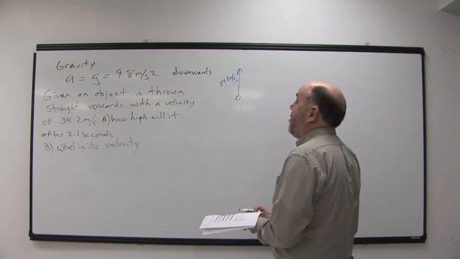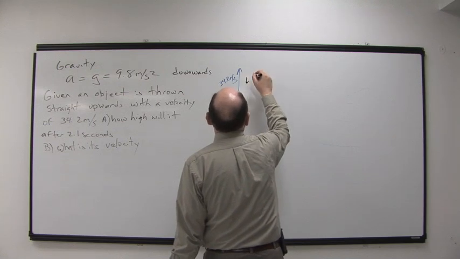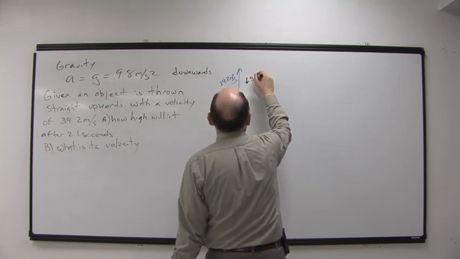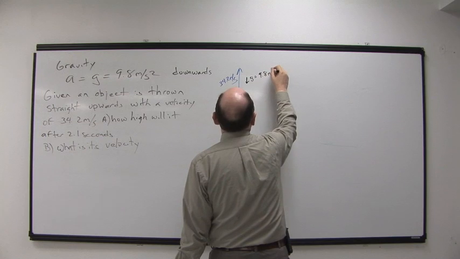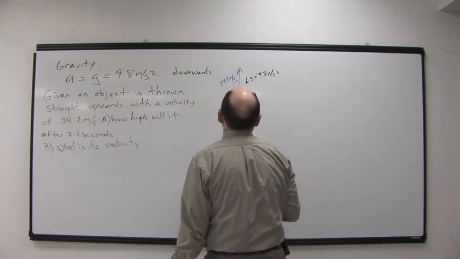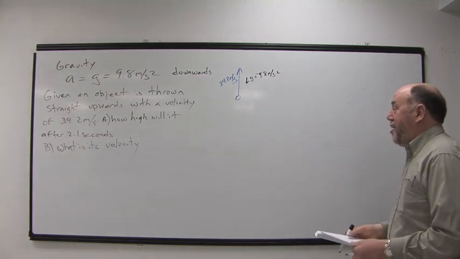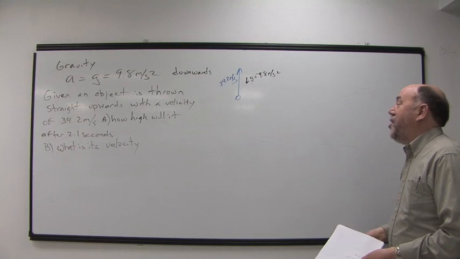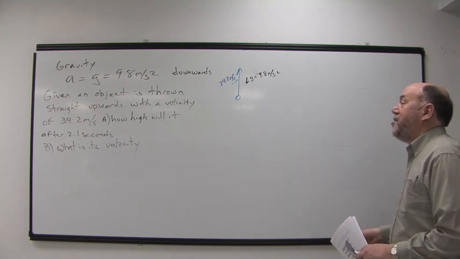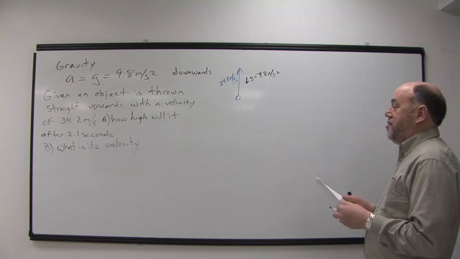Gravity is pulling it down with an acceleration of 9.8 meters per second squared, and that's actually in the negative direction. As we said earlier, when we talk about the y direction, going up is the positive direction and going down is the negative direction, and so gravity is always pulling downwards.